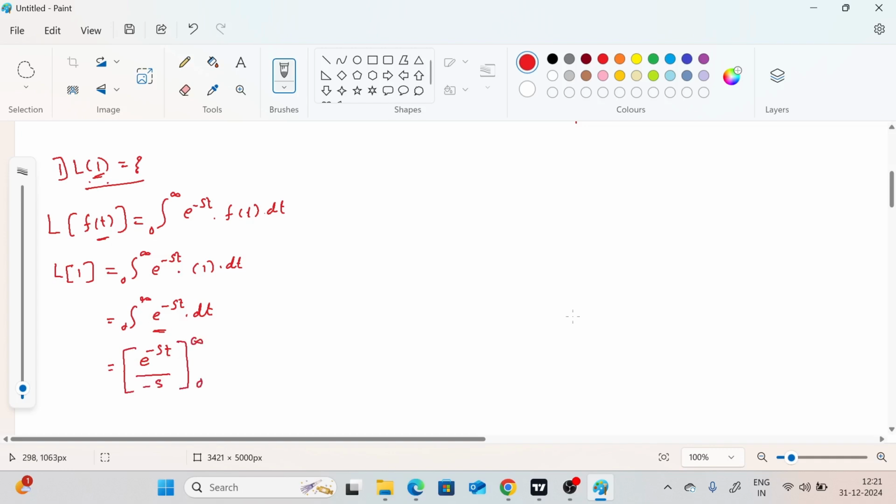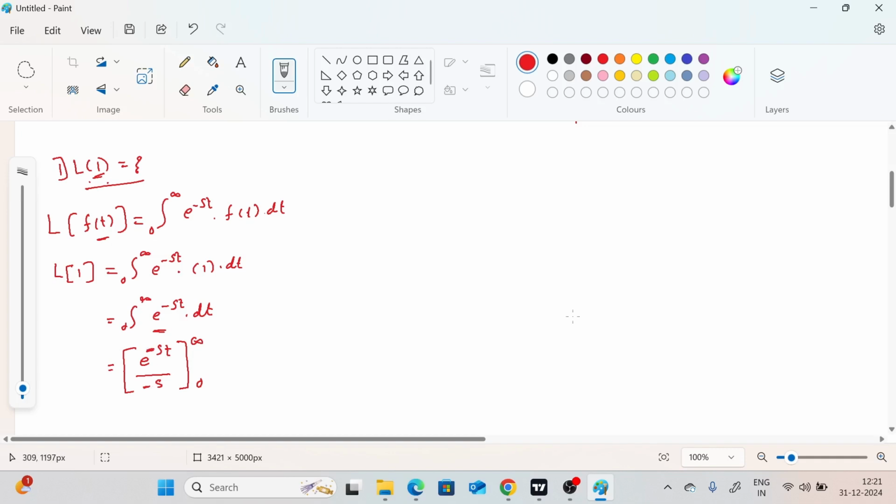This is the standard formula for exponential: the integration of e raised to minus st is e raised to minus st upon minus s, because the constant is minus s.